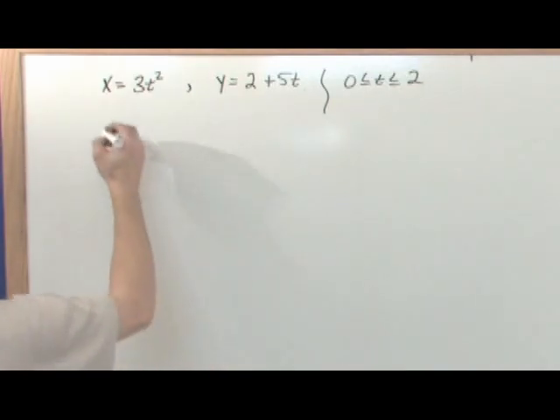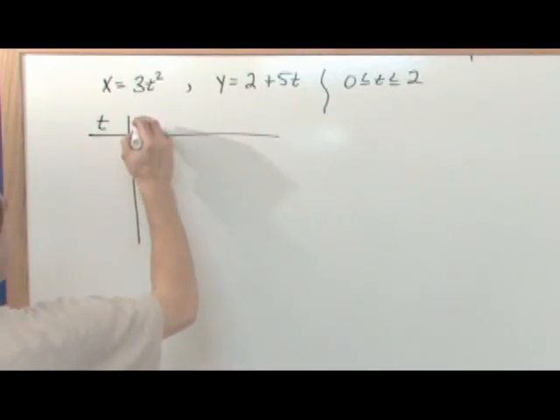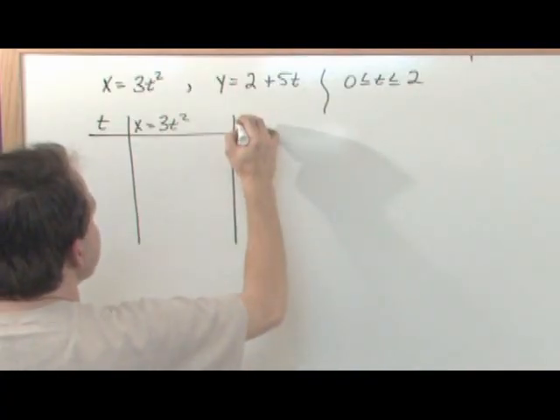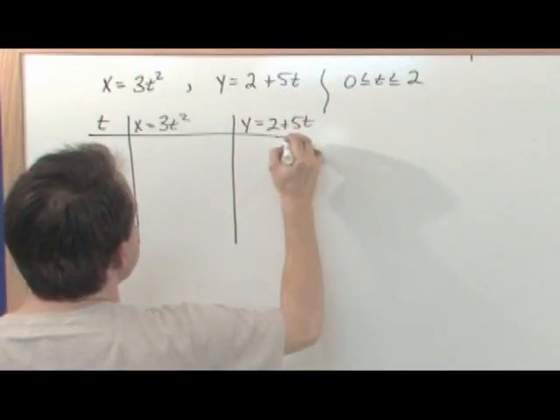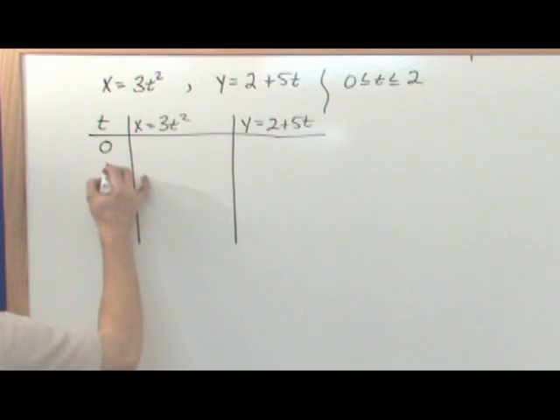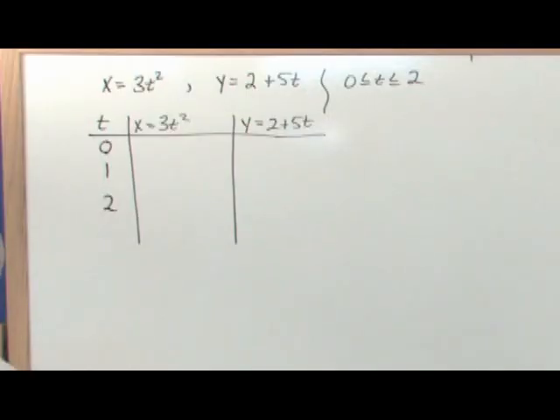So I'm going to create a table just like I always do. I'm going to have an x value, which is 3t squared, and a y value, which is 2 plus 5t. Now I know that t is already defined for me. t goes from 0 to 1 to 2, and all the values in between, obviously, but for the ones that I'm calculating here, I'm just going to do that.